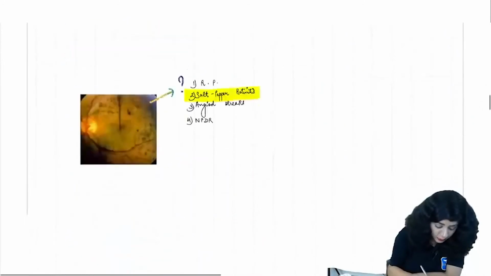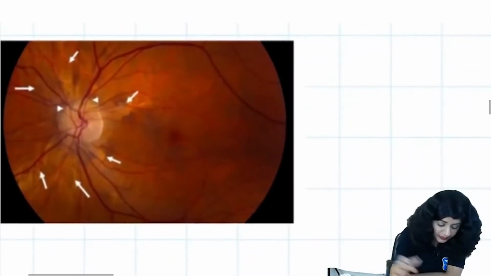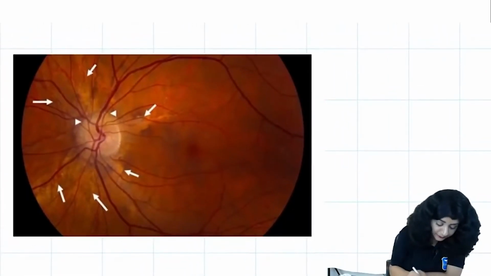Then we will do one more that is again very, very similar. Can you see this? What is this? Can you see these arrows here? So you can see these streaks kind of a thing, very, very thin streaks. This is also very much similar. So what are these streaks?